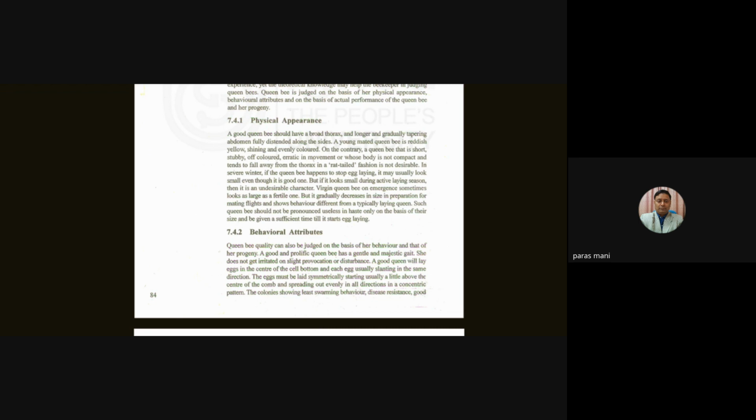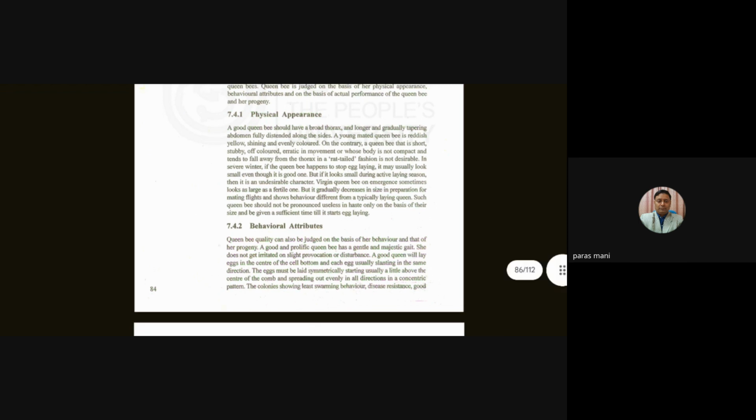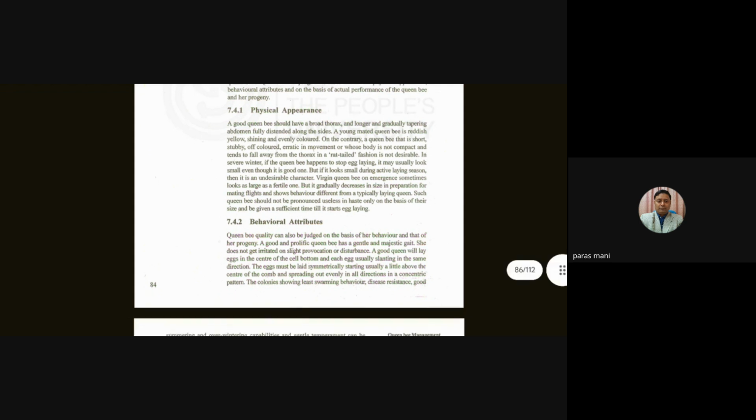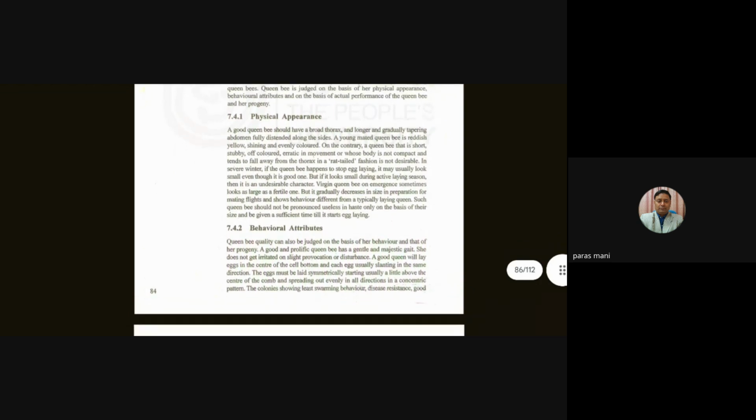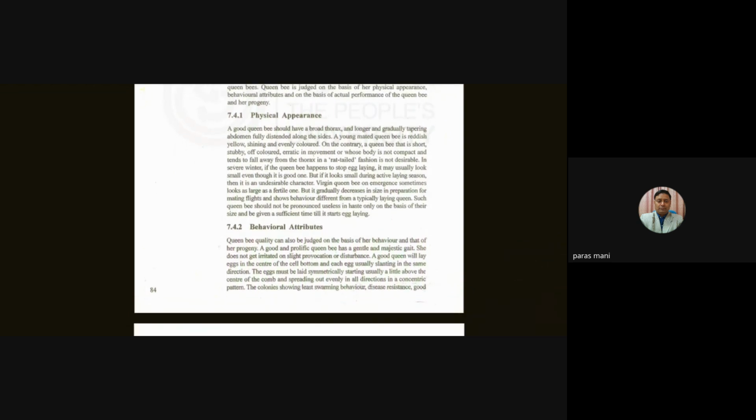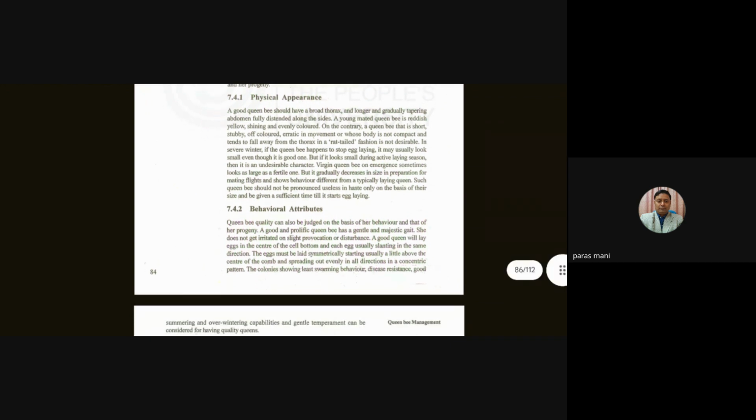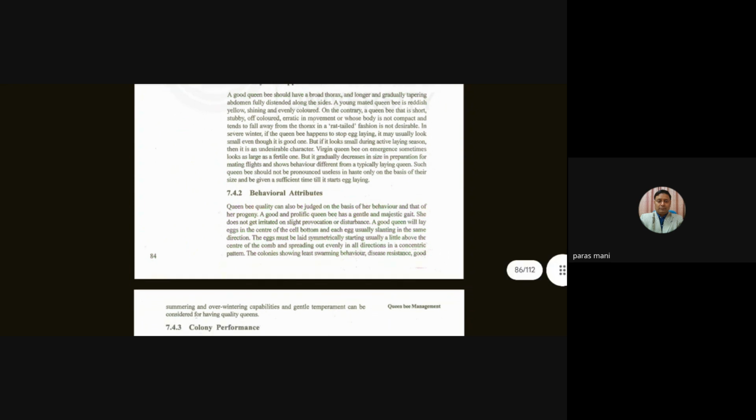But if it looks small during the active laying season, those are undesirable characters. In other seasons the egg laying of the queen must be continuous, and during the spring season egg laying must be in very high quantity. That is more desirable.